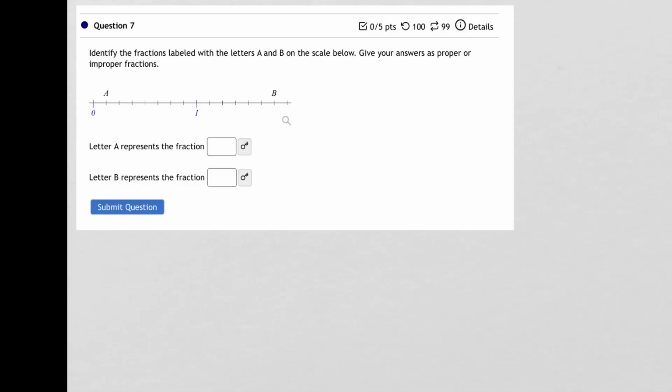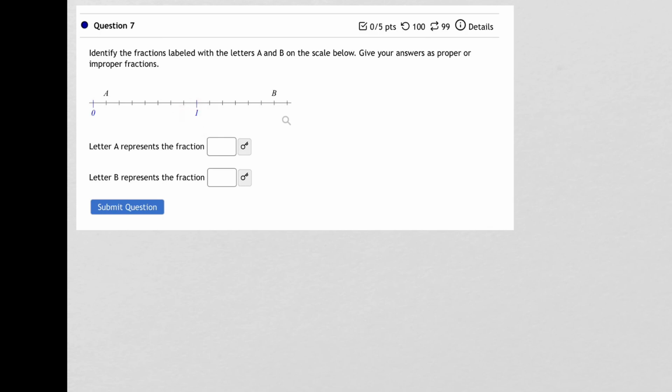Okay, let's finish up this section by doing a couple of problems from Open Math. In this problem, it says identify the fractions labeled with the letters A and B on the scale below. Give your answers as proper or improper fractions. Notice we have 0 and 1, those are given.